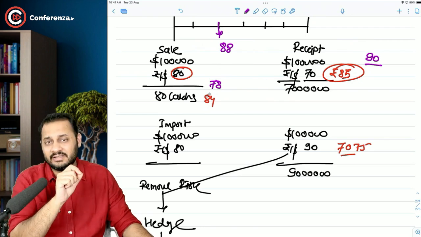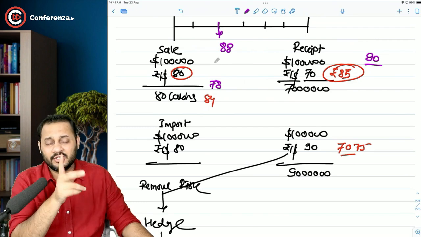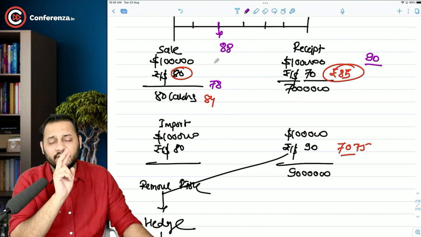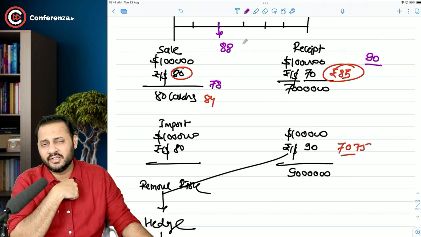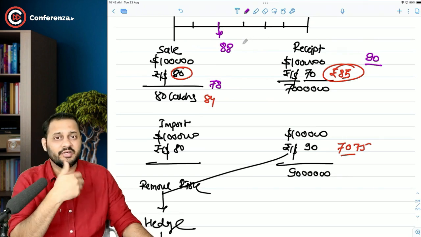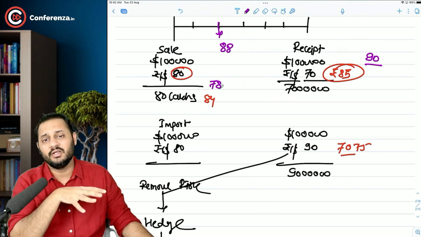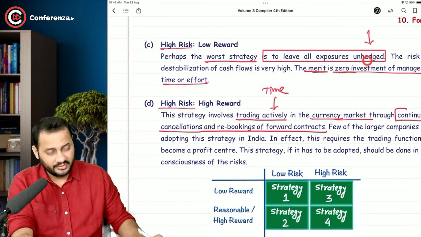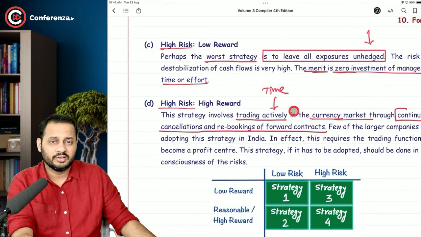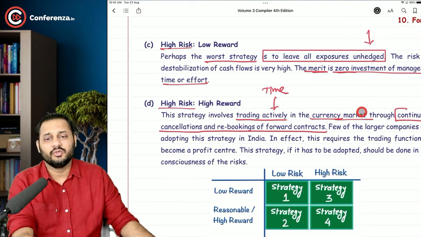You are going to cancel it at the spot rate, and then enter into a new forward contract, which might give you around 88 or something like that. This way you will again be benefited and be very close to the spot rate. So this involves actively trading in the forward contracts or hedging positions, continuously cancelling and rebooking the forward contract.